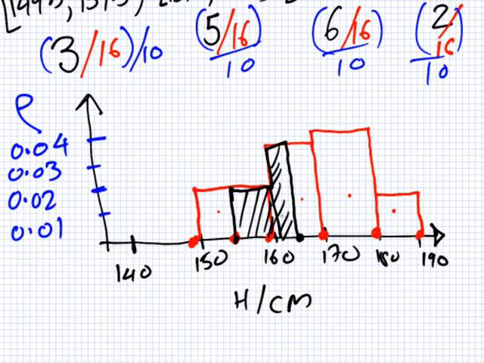The area of this black piece is 0.25. That means 25% of your heights are between 155 and 165. You got that now? Yes. You sure?